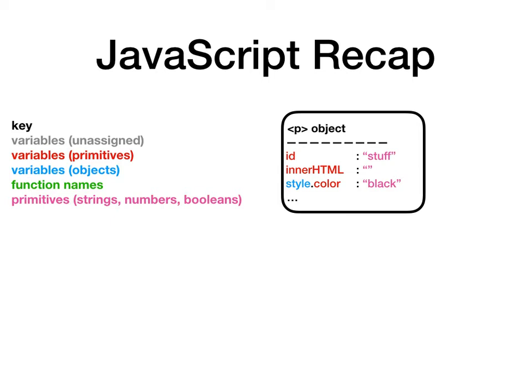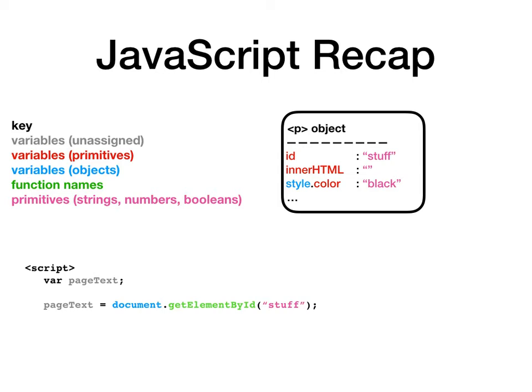So let's do a quick script to do something to it, right? Open our script. We define a variable page text. There's nothing in it. Then we assign that empty variable something. To do that, we go to the document object, which always exists, and we use its function, its method, get element by ID.